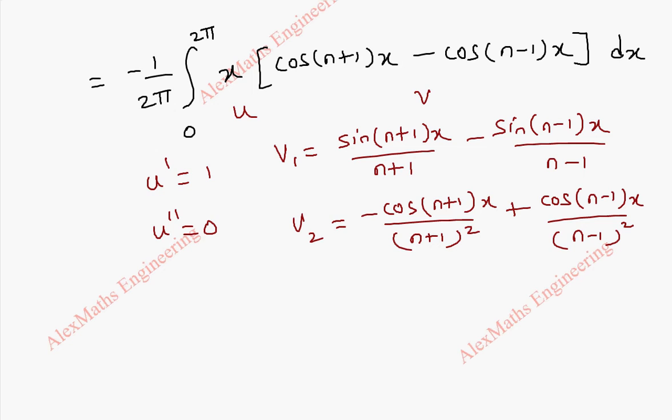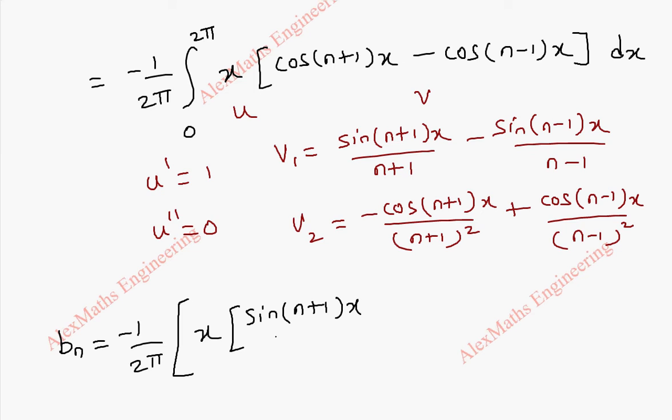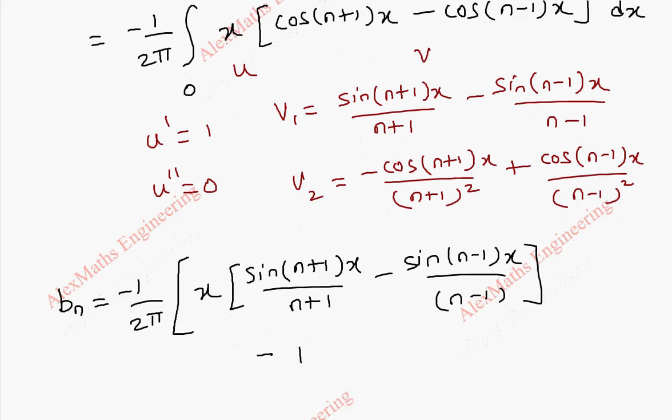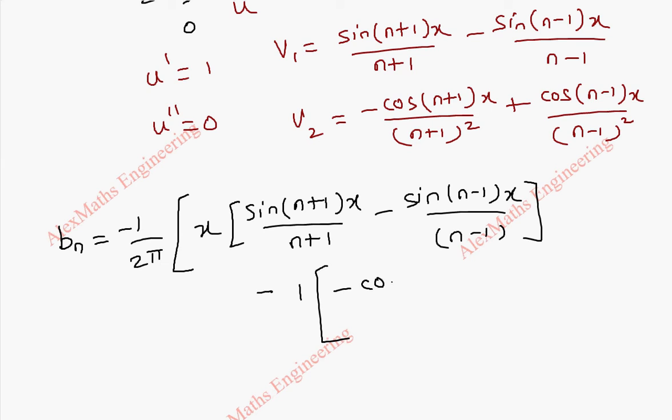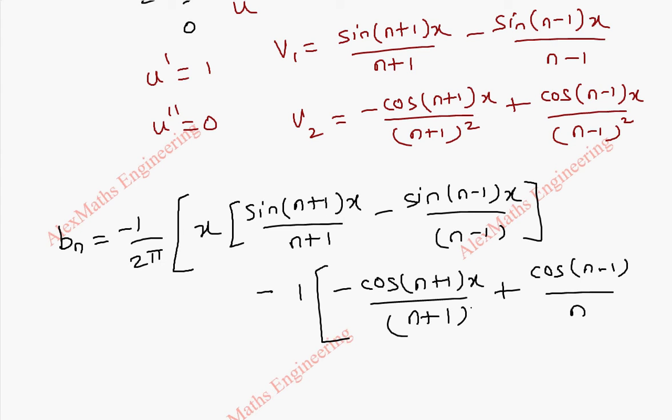Now using Bernoulli's formula, outside there is minus 1 by 2 pi, bracket open, u into v1, so bracket open, copy the v1 terms as it is, then the next term is minus u dash into v2, so we have to copy this v2, which is minus cos n plus 1 x by n plus 1 whole square, and plus cos n minus 1 x by n minus 1 whole square.